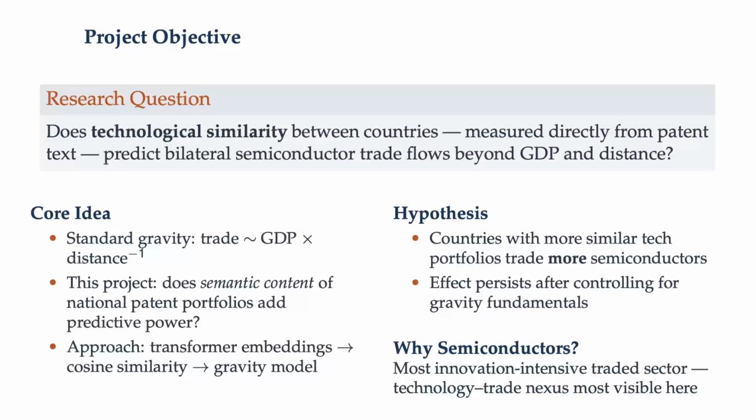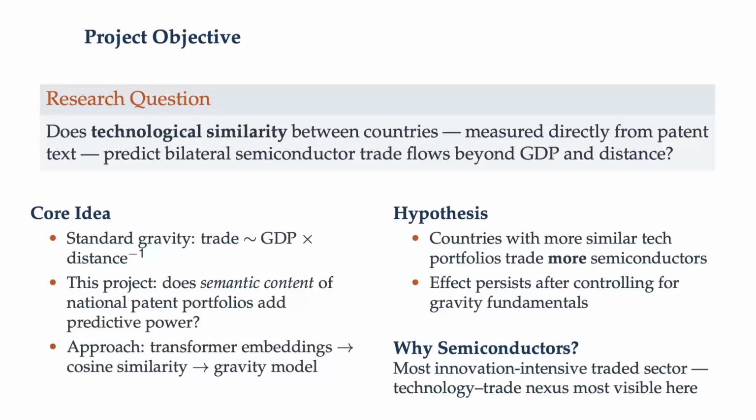We learned natural language processing for the semantic content of national patents. If patents are similar to each other, we think the two countries are technologically similar. So using cosine similarity in the natural language model, we apply that to the gravity model and see the result out of it.